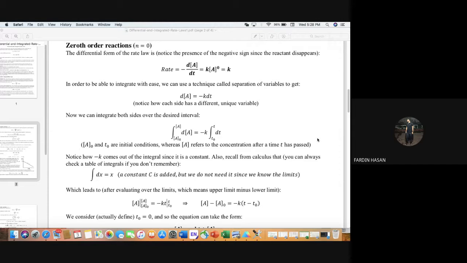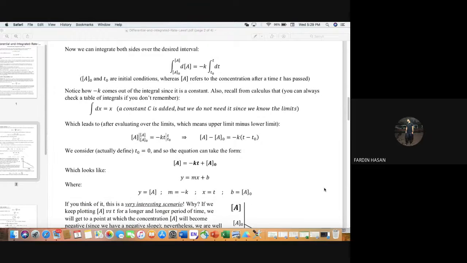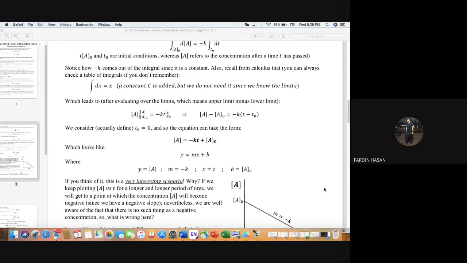Then after the simple integration, we get c minus c naught equals minus k delta t, or t minus t naught. And after that, by comparing with the linear equation y equals mx plus b, we get c equals minus kt plus c naught. Here I have used c as concentration rather than A, sir. Thank you. Okay, great. Thank you very much.